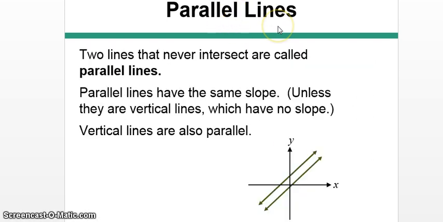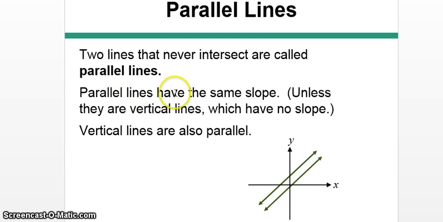Parallel lines. Two lines that never intersect are called parallel lines. Look at these two lines. They have no intersecting point.